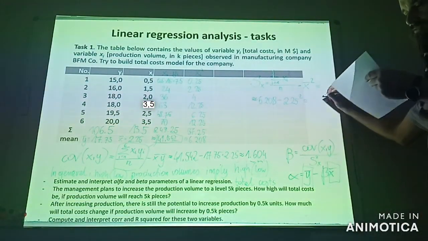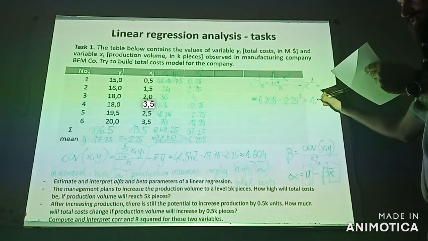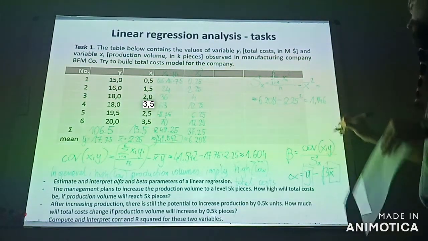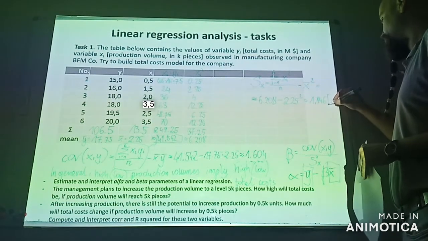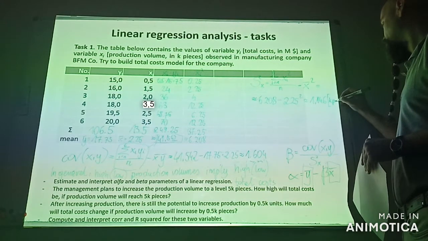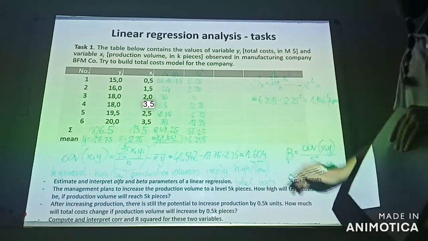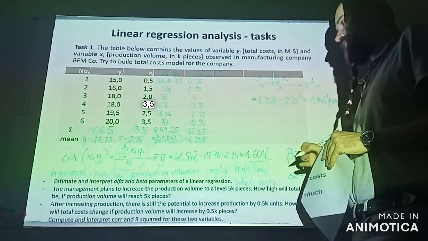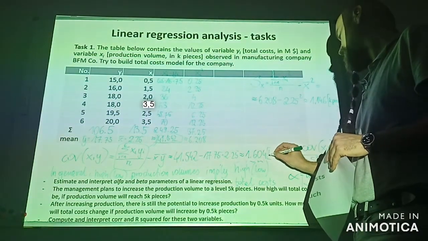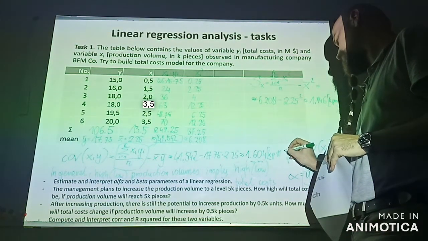And the final result is 1.146. The unit of variance of x is 1000 pieces squared. On the margin, the unit of covariance is 1000 pieces multiplied by $1,000,000.